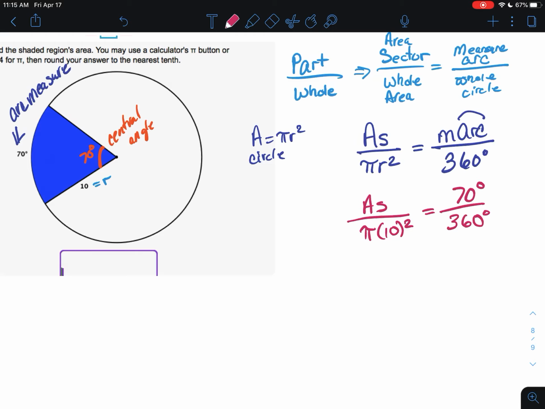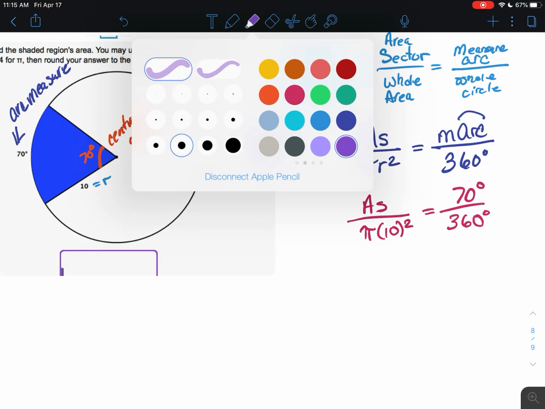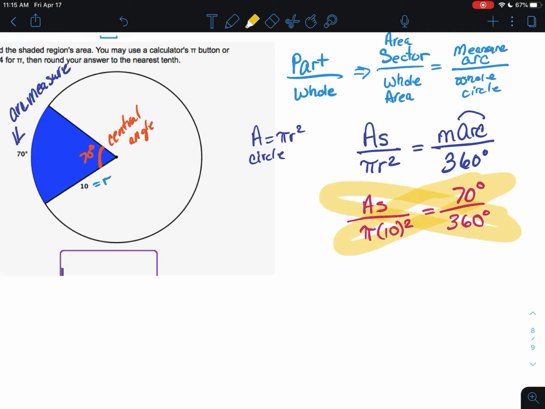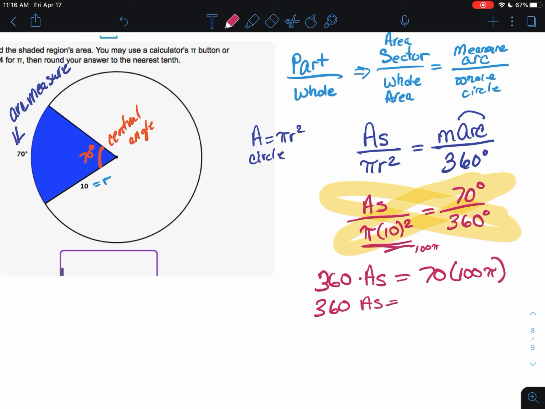So again, we are cross multiplying. 360 times the area of the sector, which is what we're looking for, equals, and you can also go ahead and simplify this portion, which would be 100 pi. So 70 times 100 pi, because 10 squared is 100. Continue on with solving, and of course 70 times 100 is going to be 7,000 pi.